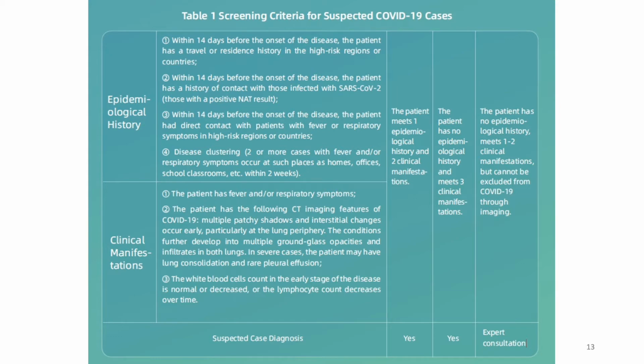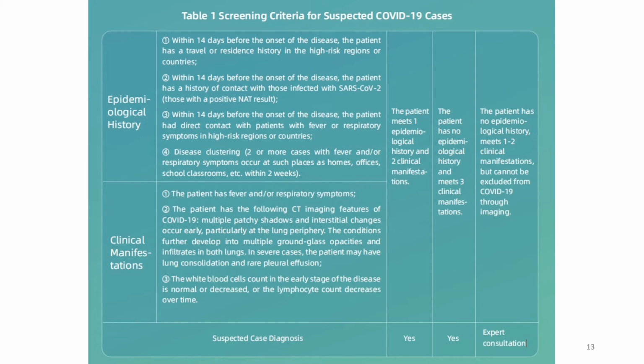2. The patient has the following CT imaging features of COVID-19. Multiple patchy shadows and interstitial changes occur early, particularly at the lung periphery. The conditions further develop into multiple ground glass opacities and infiltrates in both lungs. In severe cases, the patient may have lung consolidation and rarely pleural effusion. 3.